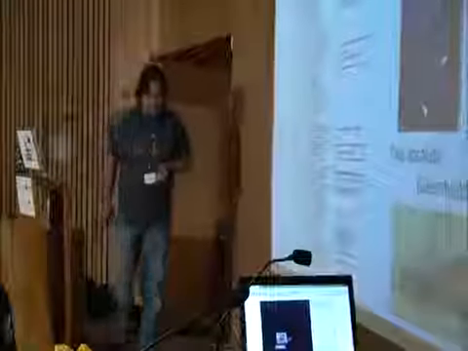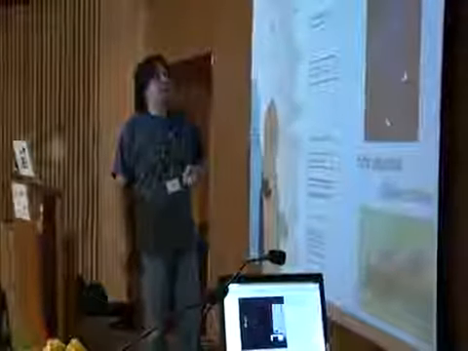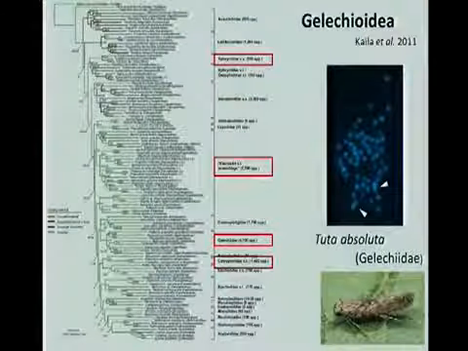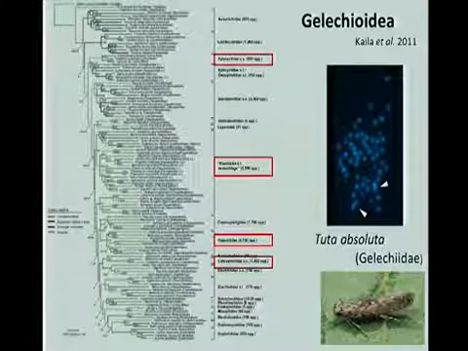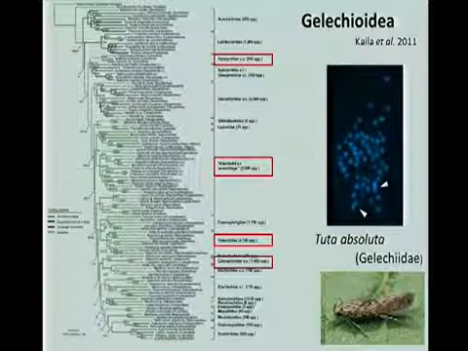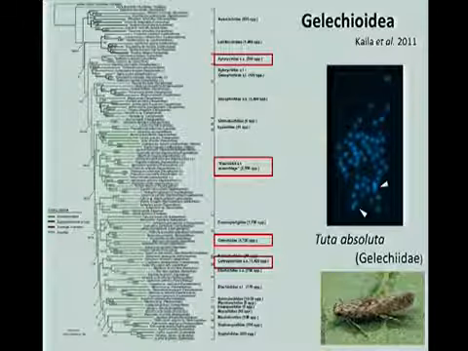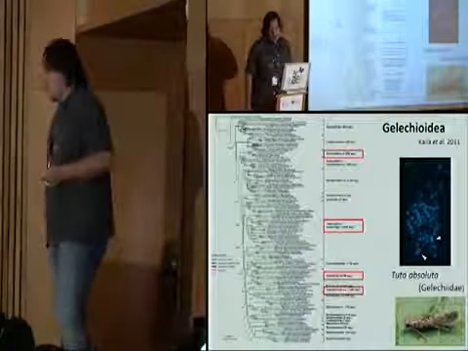And a similar observation was made also in superfamily Gelechioidea. This is the karyotype of Tuta absoluta, the tomato leaf miner moth from family Gelechiidae, and you can see that again there is a conspicuously large chromosome pair, and a similar chromosome pair was observed in several groups across the superfamily Gelechioidea.